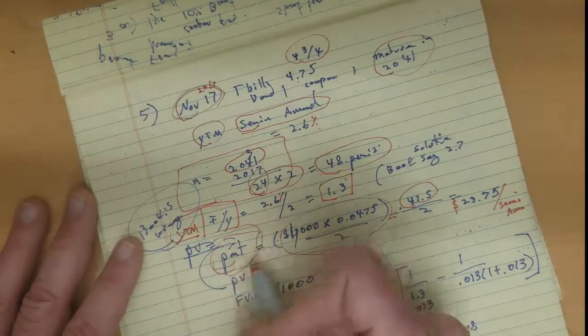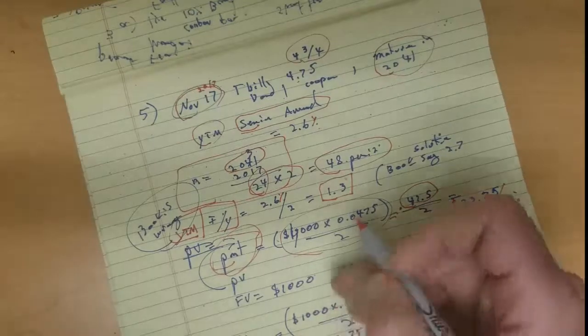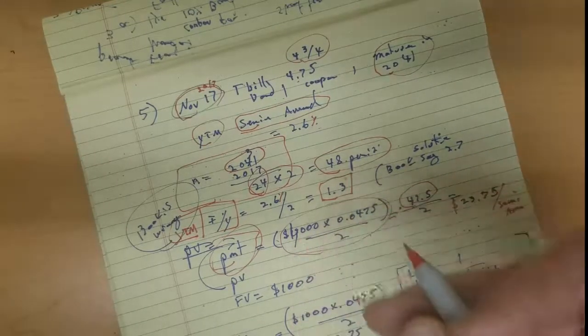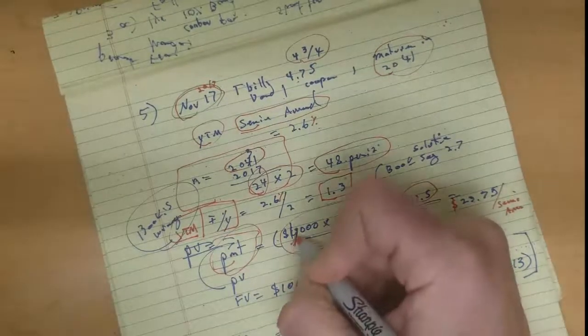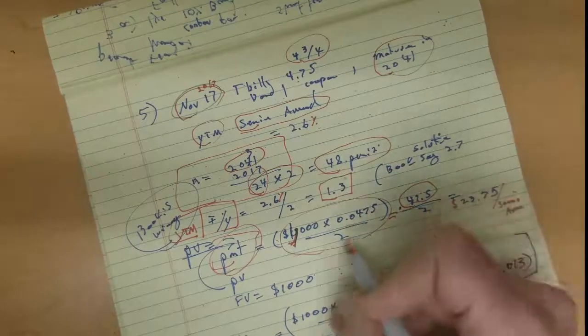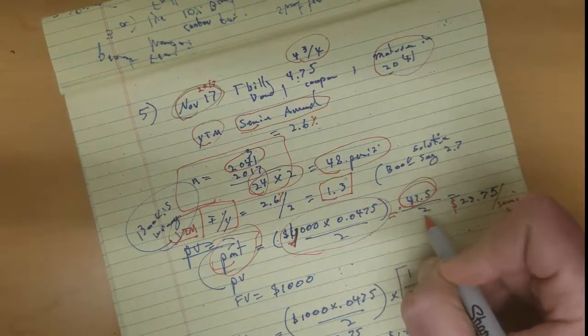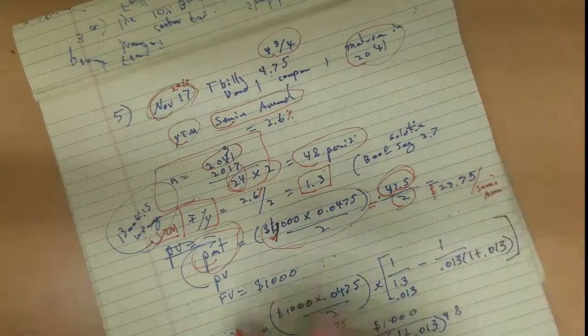Our payment, they tell us that it's a 4 3/4, which translates to 0.0475 times $1,000, even though that doesn't look like $1,000. That is a comma there. And that amounts to 47.5 divided by 2, since it's semi-annual, we get 23.75.